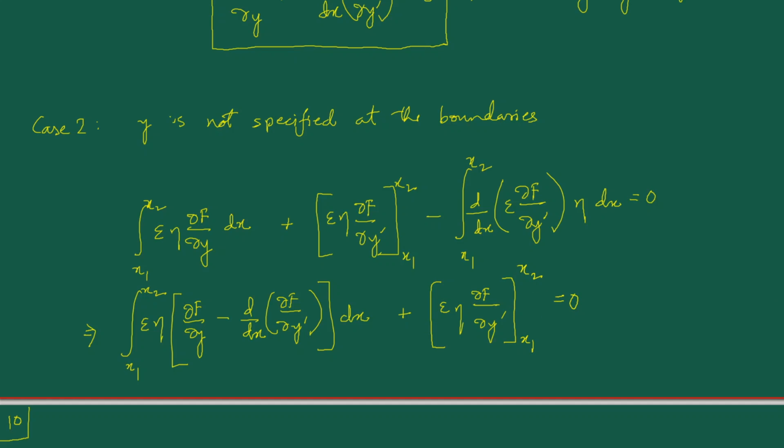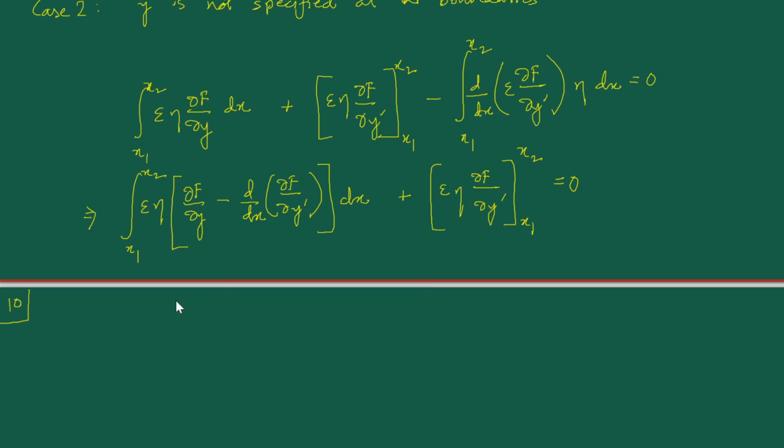In order to ensure that this result is indeed equal to 0 for arbitrary choices of eta, what we have to say is that this will be 0 if, again understand that eta is very much arbitrary here, del f del y minus d dx del f del y dash is equal to 0.